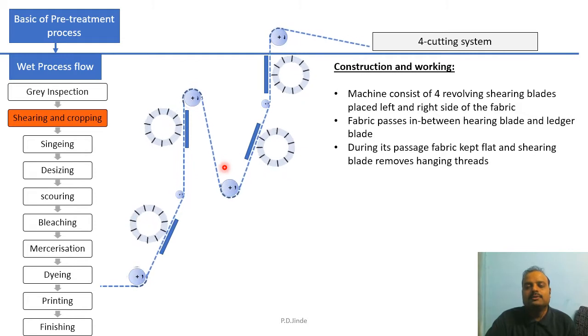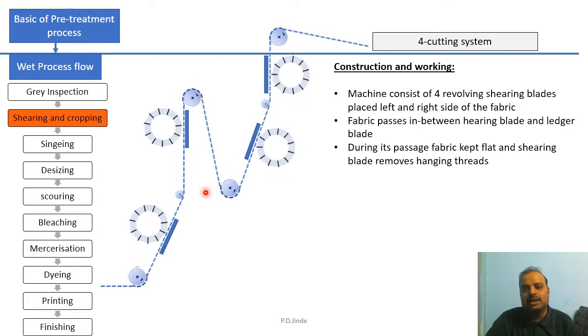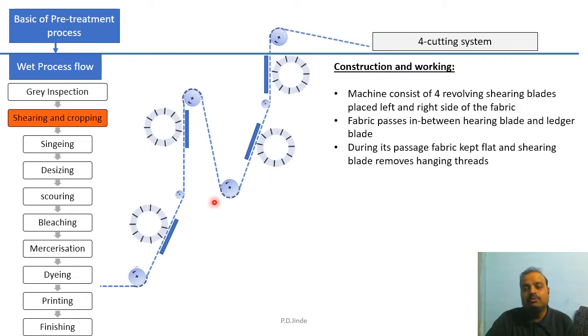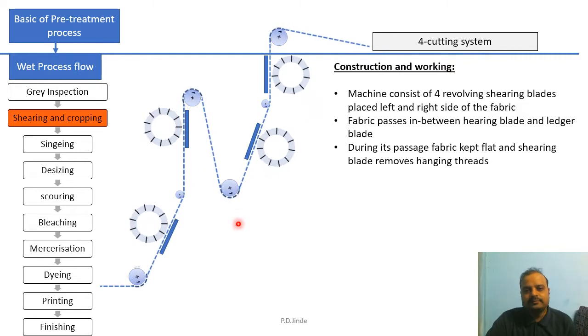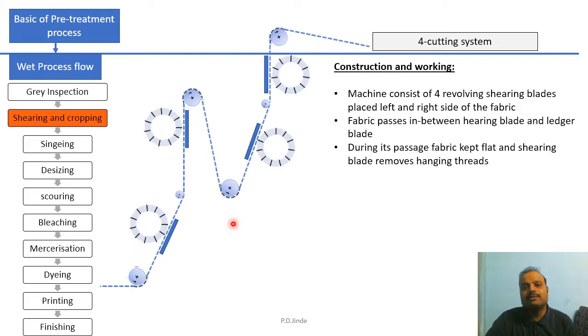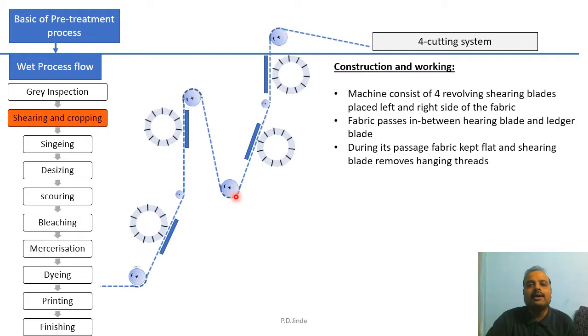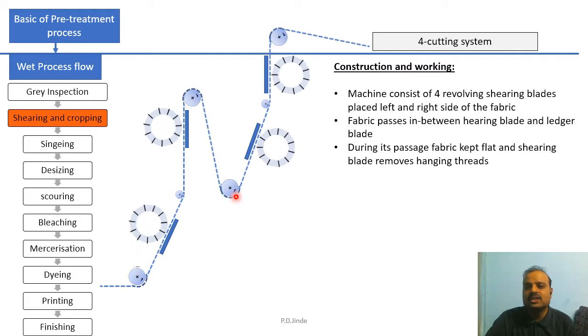If there is a small slackness, what will happen? The blade will cut the fabric itself, and we don't want that to happen. So the fabric must be kept as straight as possible, and there is a tensioning roller doing that job. It applies tension to the fabric, and the fabric remains straight during the shearing process.